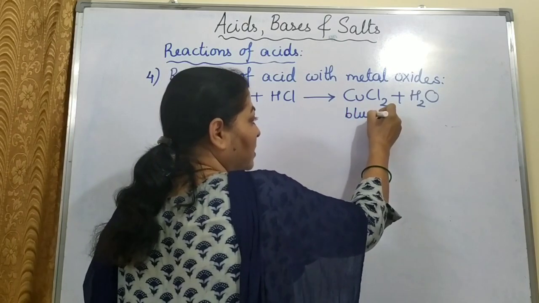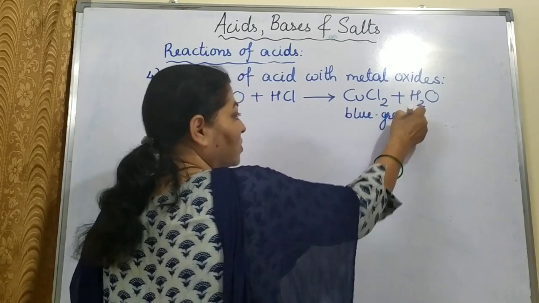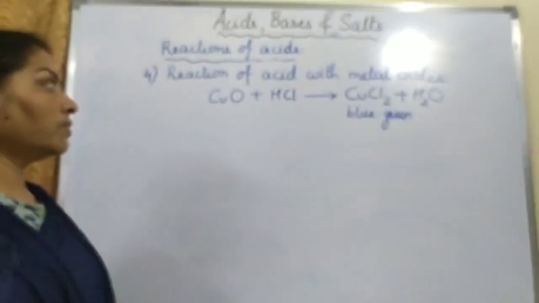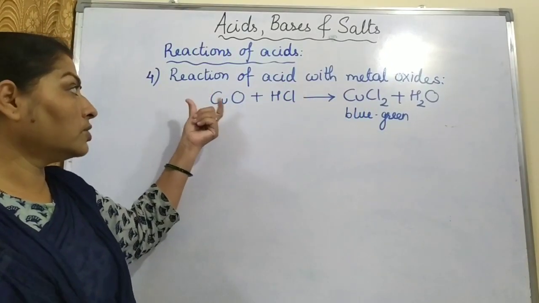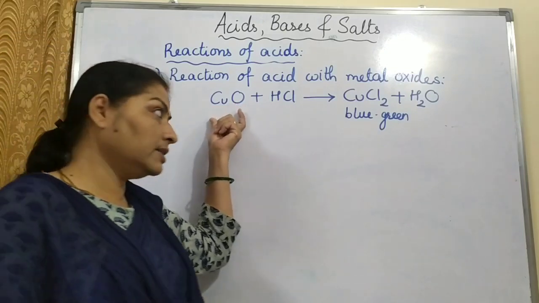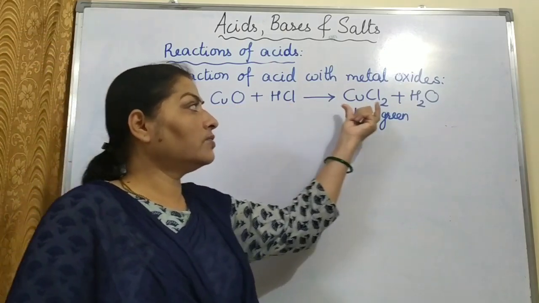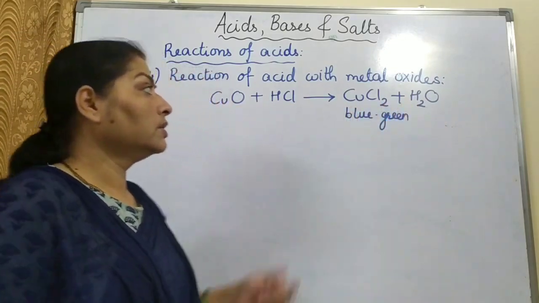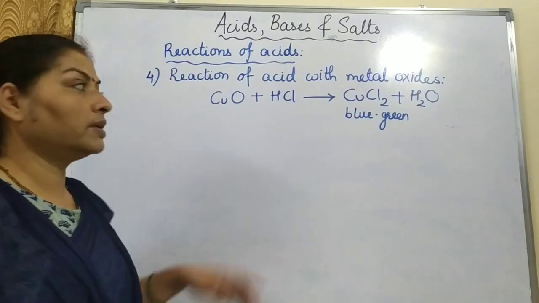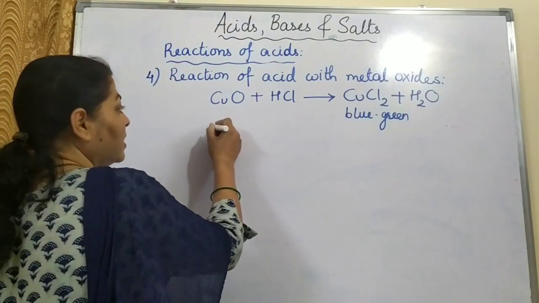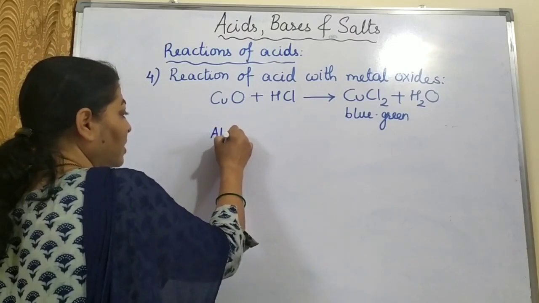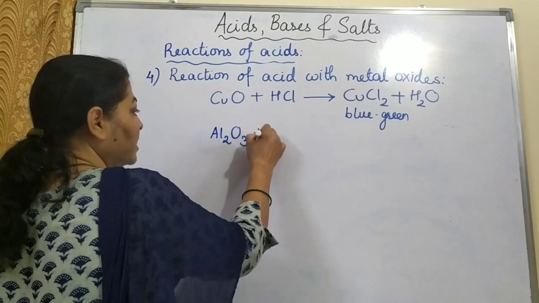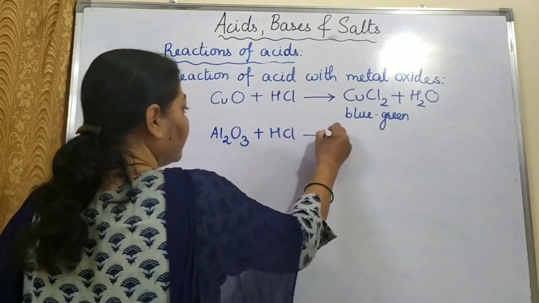So a blue-green solution is formed. It is again a neutralization reaction. Metal oxides are basic in nature and react with acid to form salt and water. So again we can say this is a neutralization reaction. In the same way, aluminium oxide also will react with HCl and form salt.